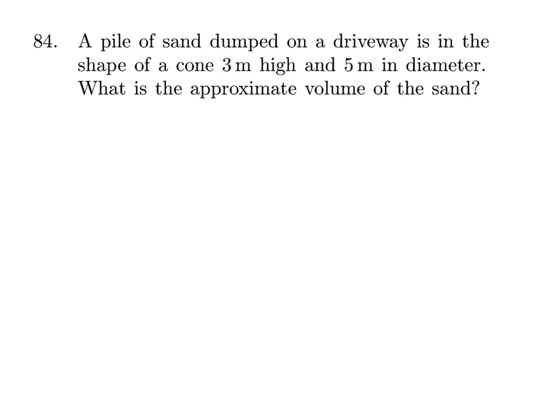Alright, a pile of sand dumped on a driveway is in the shape of a cone. 3 centimeters high. And 5 centimeters in diameter. So that's 2.5 there. What is the approximate volume of sand?